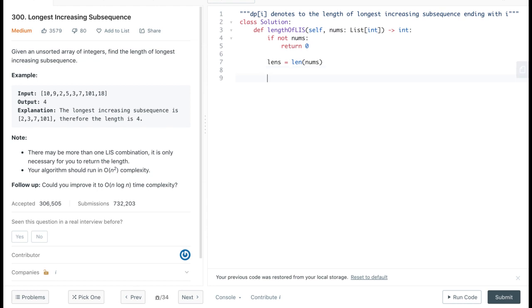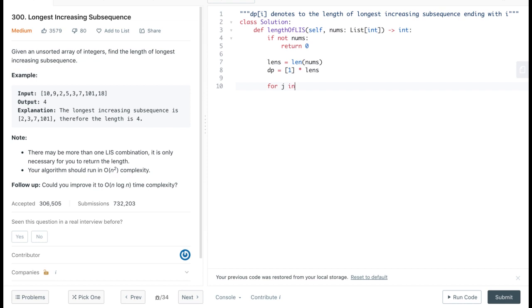We need to define a dynamic programming array, dp equals 1 times length. Initialize it, dp0 equals 1, so that's already initialized.